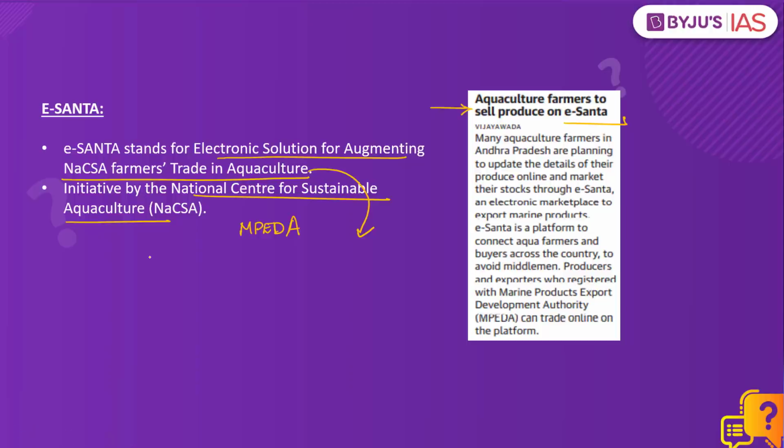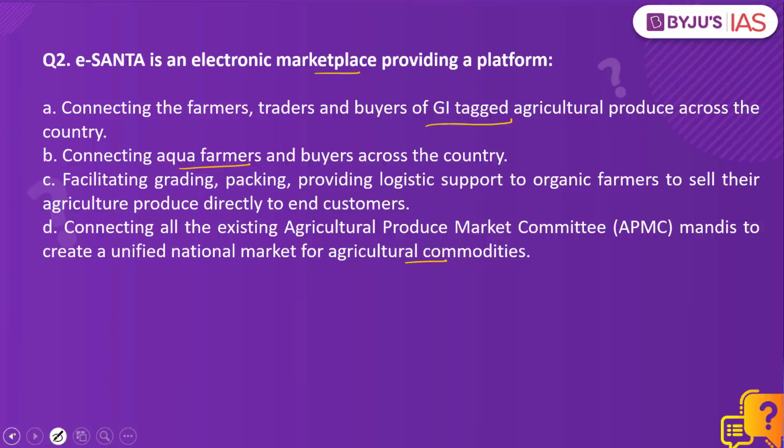Exporters can directly purchase quality produce from the farmers, and in turn farmers can avoid middlemen and get better prices for their produce. eSanta can be called a digital bridge to end the market divide, helping in eliminating middlemen. So the right answer to this question would be option B. eSanta is an electronic marketplace providing a platform connecting aqua farmers to buyers across the country.